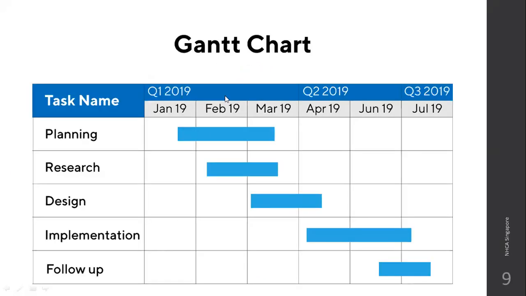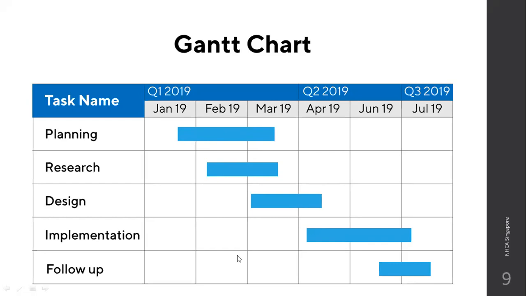But when it comes to a Gantt chart, you can see after planning, you have to do research, design, implementation, and follow up. And particular time slots are given for each of these steps. For example, within January 19 and within February 19, planning has to be completed. Maximum you can go to March 19. After that, research has to be done, and research should begin along with February 19.